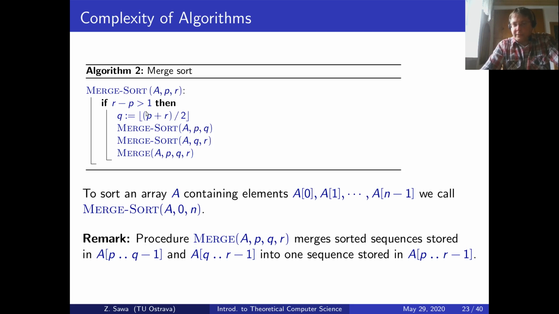So if the length of the interval is less than or equal to 1, there is nothing to sort, because an interval of size 1 is just one element, so this is already sorted.